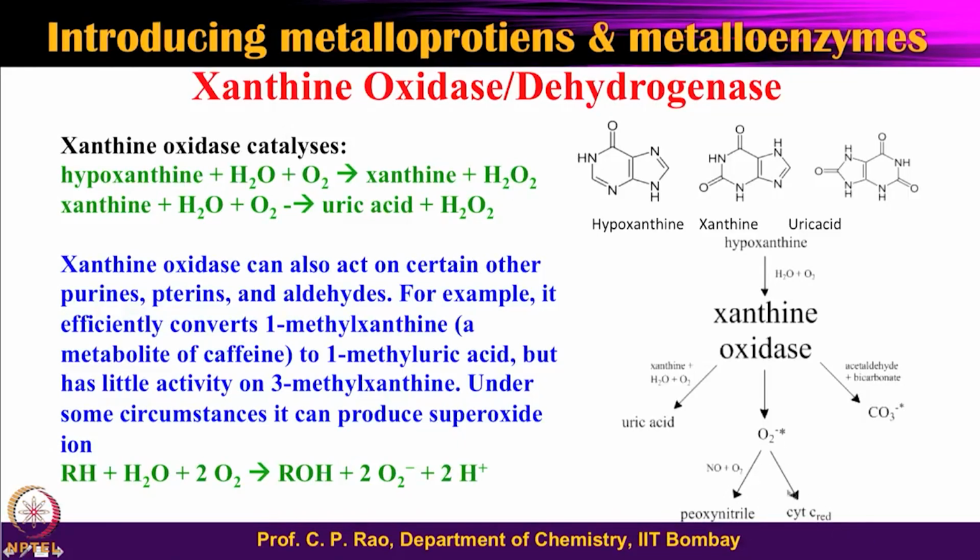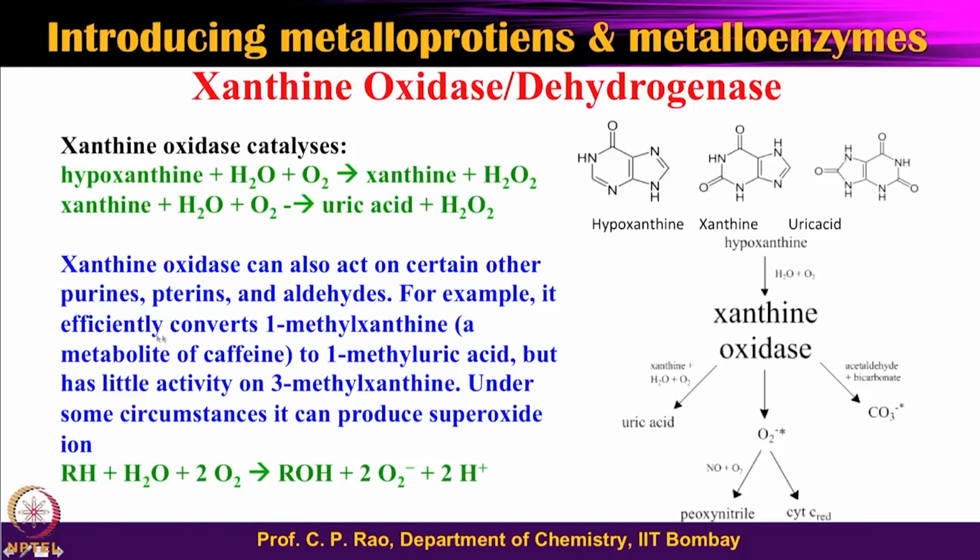And of course, they can also get redox reactions with other things, and on one side you can have uric acid, as you can see over there. Okay. So, therefore, xanthine oxidase can also act on certain other species like purines, pterins and aldehydes.